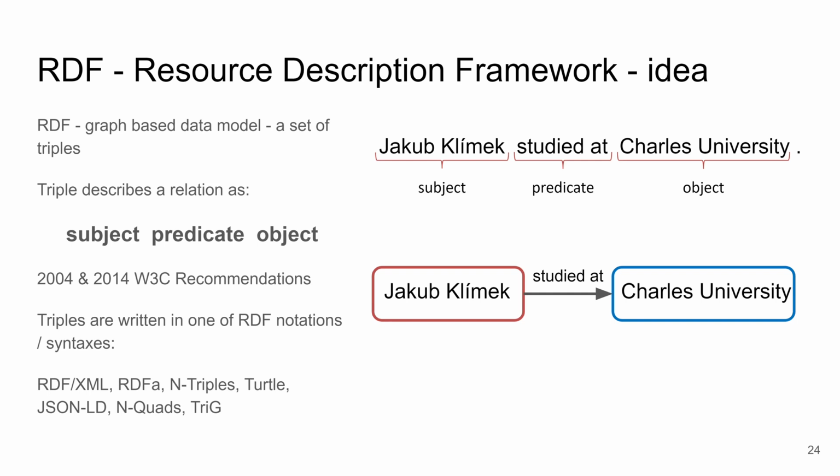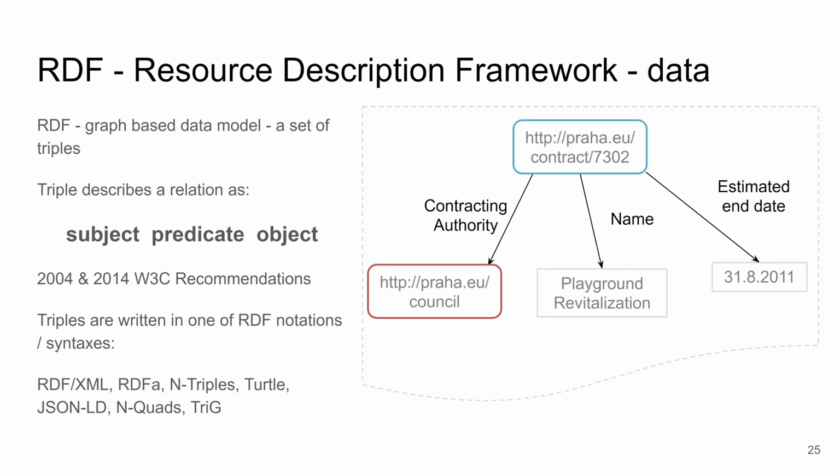Some of them are native to RDF, and some of them serialize the RDF data model into other data formats like XML or JSON. We will get to those standard serializations in the RDF focused lecture, but right now we'll stick to just one of those notations, Turtle, and I'll explain it right away.